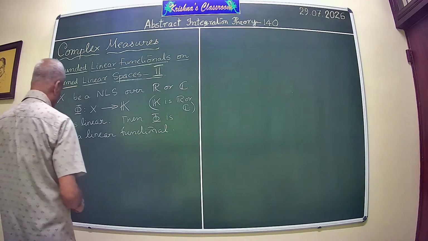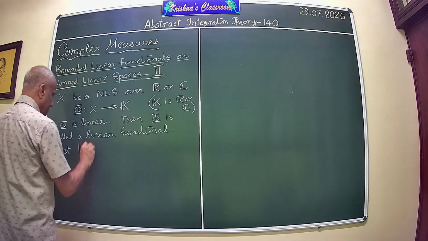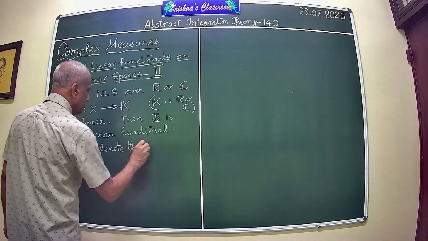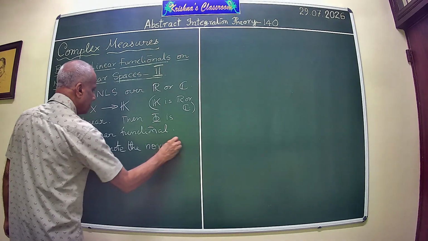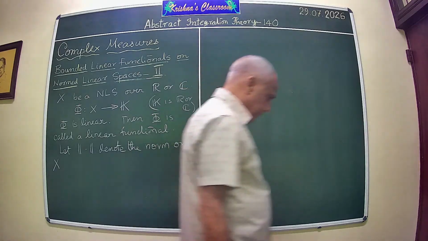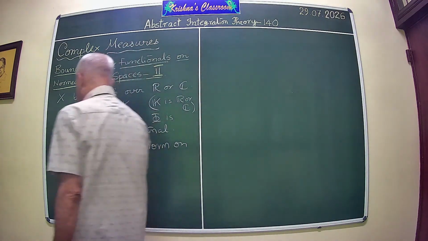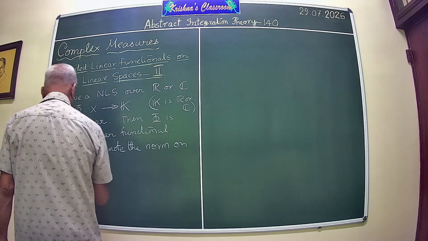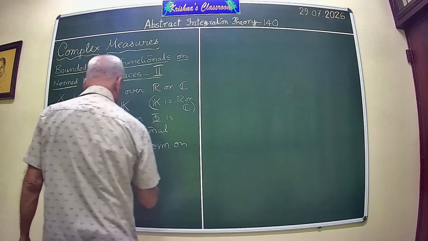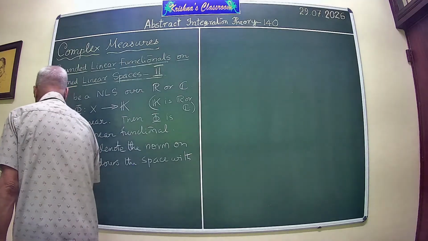Therefore, on X we assume a norm, the usual definition of norm. This endows the space with a metric topology.